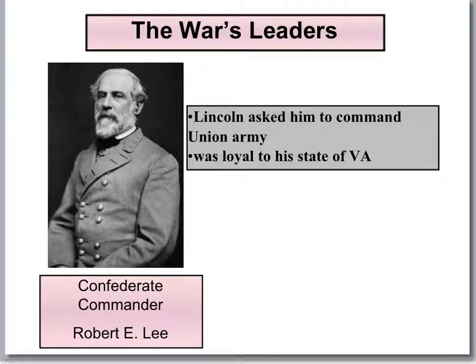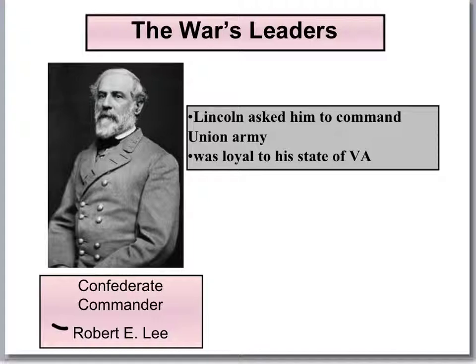Finally, you have to look at probably the greatest general America has produced, at least one of them, and that is Robert E. Lee. Robert E. Lee had attended the U.S. Military Academy at West Point. He had graduated second in his class. He had never received a demerit. In other words, he had never done anything, never had to be disciplined. He was self-disciplined.